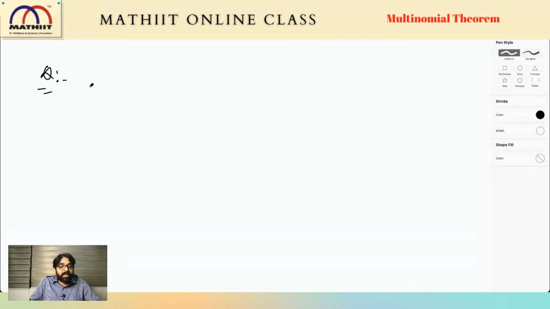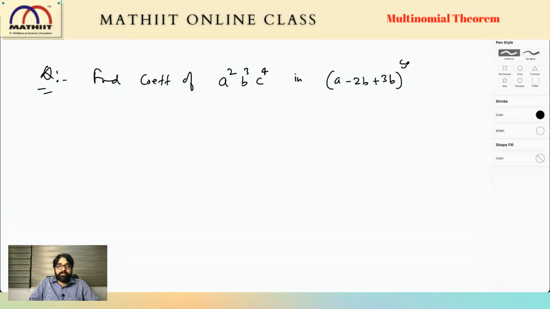First question, let me see how many of you can give me the answer. Find the coefficient of a power 2, b power 3, c power 4 in the expansion of (a minus 2b plus 3c) power 9.